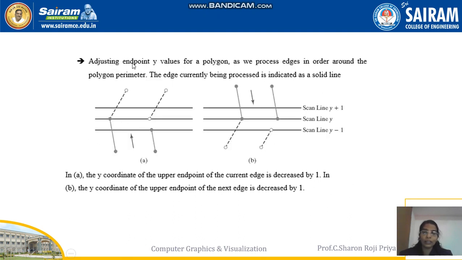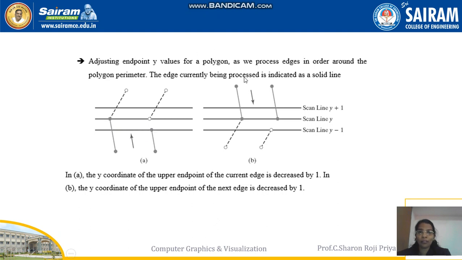Otherwise, if I'm not following that rule, I can follow one more rule. See, this is my vertex, and the scan line is intersecting with the vertex. This vertex is a common point for these two edges. If I am traveling from bottom to top, this y keeps on increasing, so for the current edge I can reduce the top end of the edge by 1 pixel.